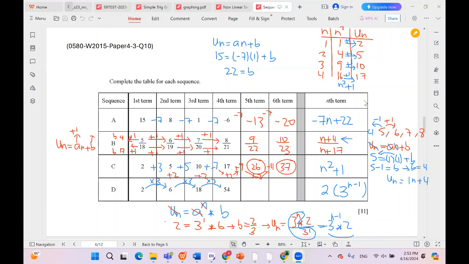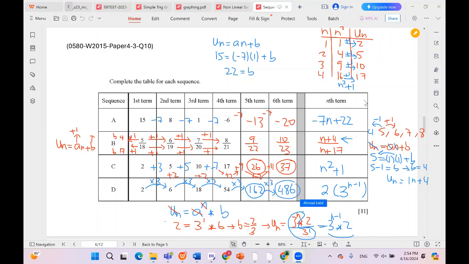Now for the new terms, you can just do times 3 here. So 54 times 3 is 162. And then you can do times 3 again. You can use your calculator for this, or you can do it mentally, that's up to you. So 162 times 3 gives us 486 as a final answer. So these are the terms of the table.